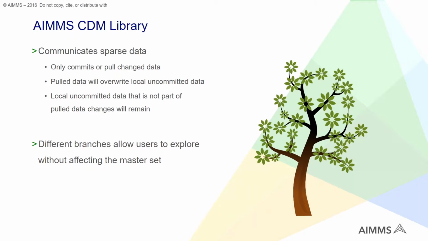So that means you can have several teams working side by side, exploring different scenarios, and all of their exploration will not affect the production data or each other's explorations either. So this gives a powerful ability to have a collaborative team do simultaneous inspections.